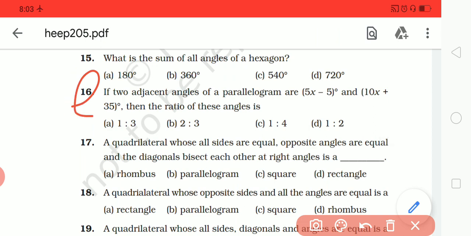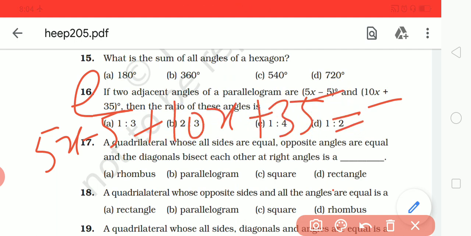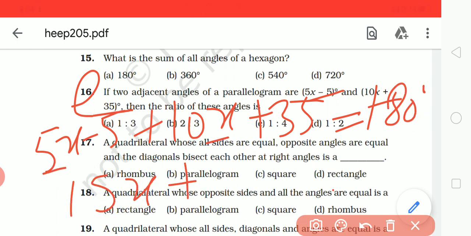Question number 16. The two adjacent angles of a parallelogram are given. Find the ratio of these angles. You know that in a parallelogram adjacent angles are always supplementary to each other. The first angle is 5x minus 5 and the second angle is 10x plus 35, right? So the sum of these two angles must be 180 degrees. Let us solve. 5x plus 10x is 15x, 35 minus 5 is positive 30, equal to 180 degrees.